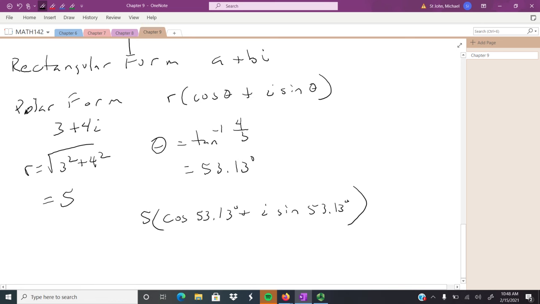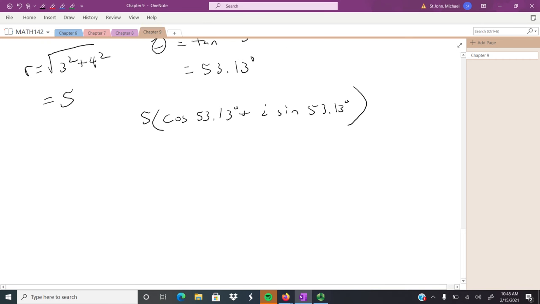So we got rectangular form, we have polar form, we can also write it in another form, and that form is exponential. And in this form we have r e to the i theta. But here theta has to be in radians.